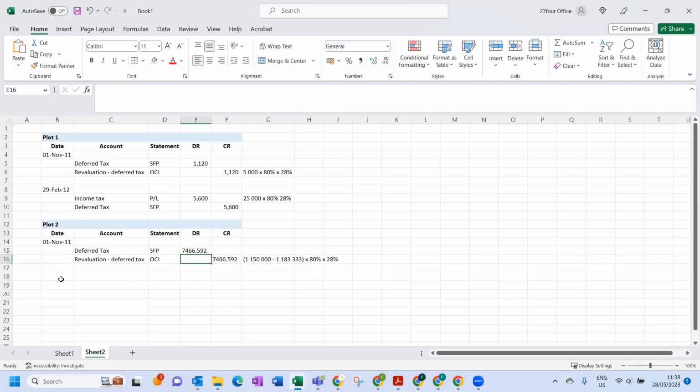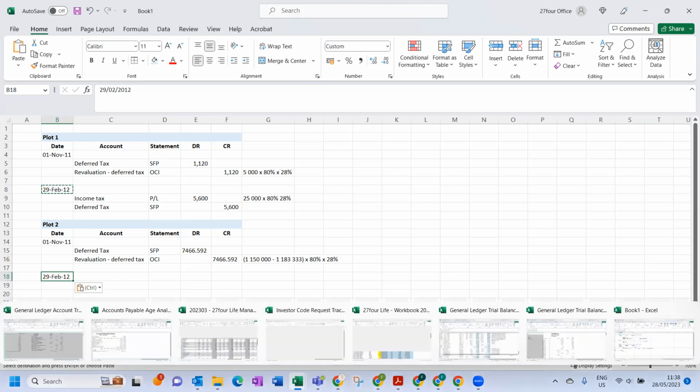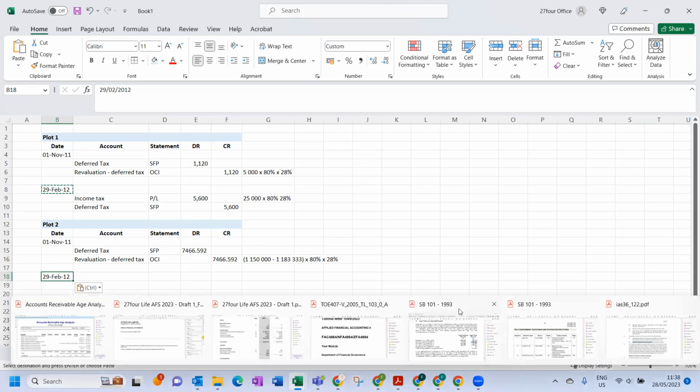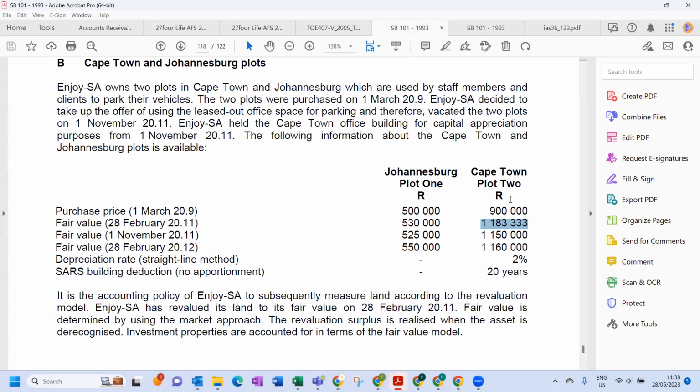Okay, then the last one, it's simply going to be the exact same over here. Let me just have a look at something quickly. Then we're going to just have a 10,000 Rand increase.